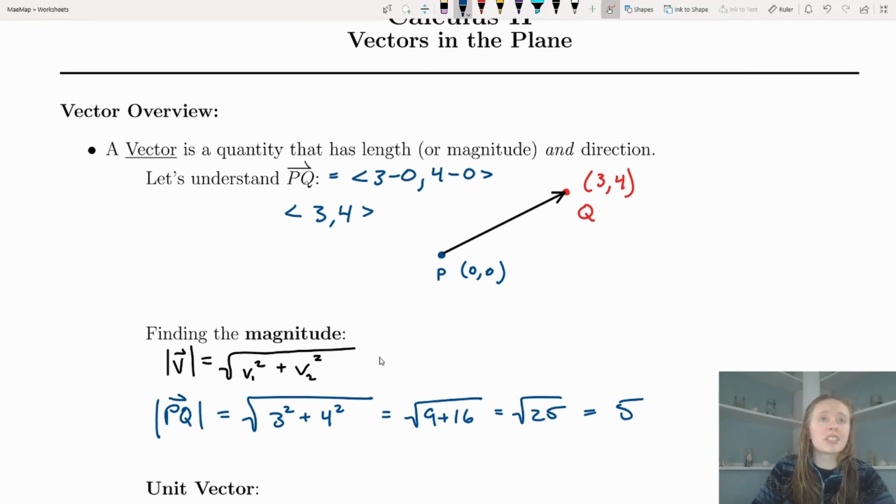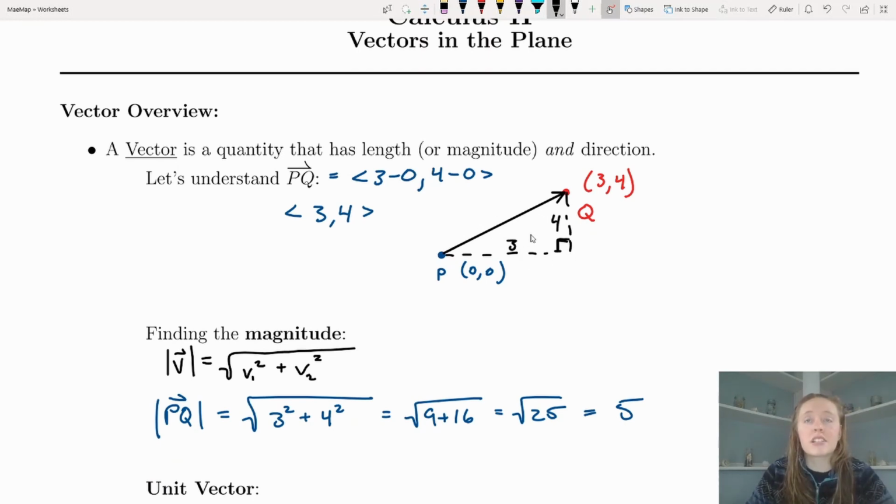And just so you can understand where this formula comes from, think about this. If I formed a right triangle, having PQ be the hypotenuse of my triangle, then the length in the x direction is 3, and the length in the y direction is 4.